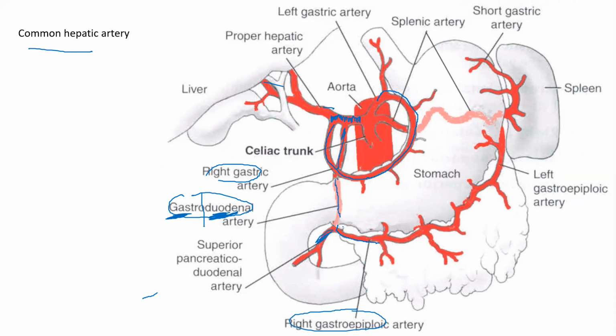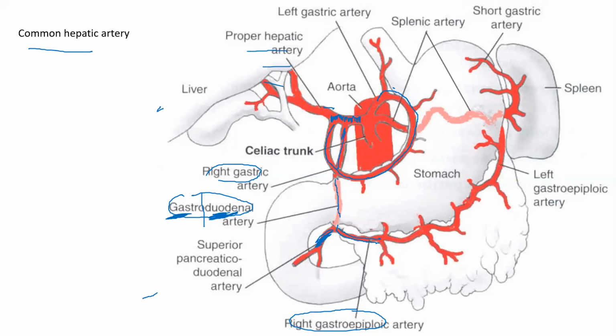Remember, what did I tell you about the celiac trunk? It's the artery of the foregut, isn't it? So you know where the junction between the foregut and the midgut is? The second part of the duodenum. So up to that will be supplied by branches from your celiac trunk. After giving these two branches, the rest of it continues as the hepatic artery proper.